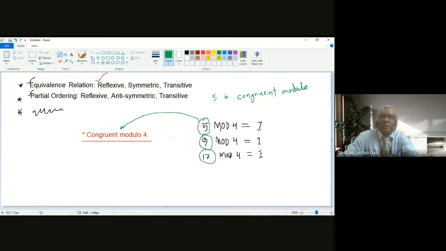Modulo is the original word, mod is the short form. Or you can say 5 is congruent modulo 4 to 17. So this is the concept. Is that okay? Do you understand?